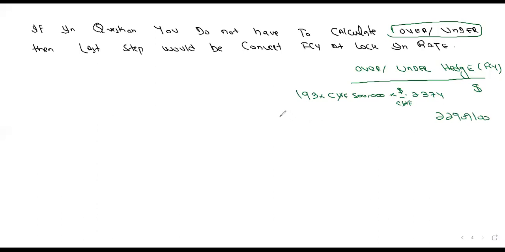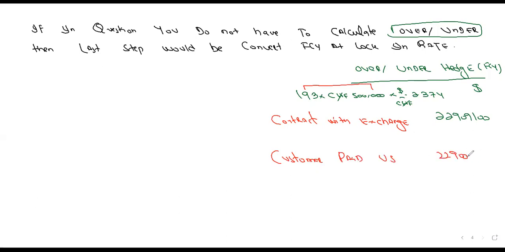Now try to understand, guys. This was our contract with the exchange, because this is the number of contracts you are doing with the exchange, and in one contract you are hedging this. But what happened? Customer paid us how much? 22.9 million, 22,900,000.